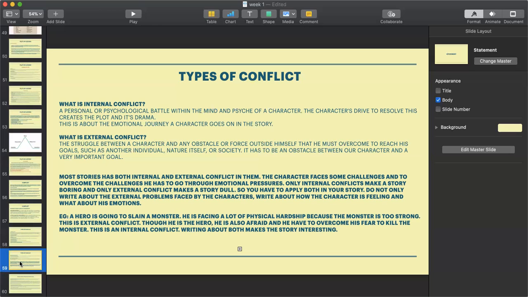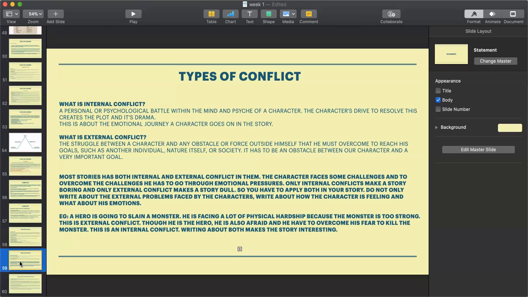Got it? So when I'm talking about a character who is climbing a mountain and that's the story, then I can't only write about the external conflict. I can't only write about how the mountain is, or how difficult the roads are, how difficult it is to climb, etc. I have to write what is going on inside the mind of the character.